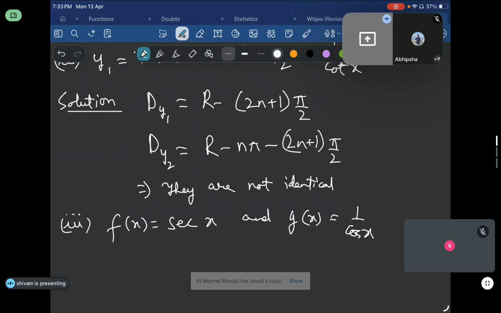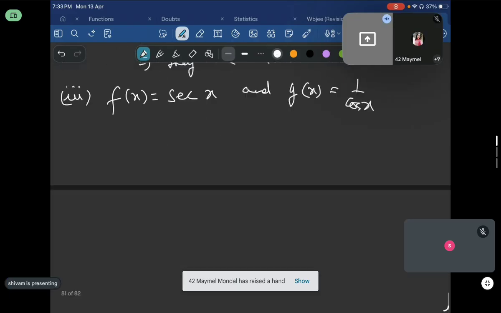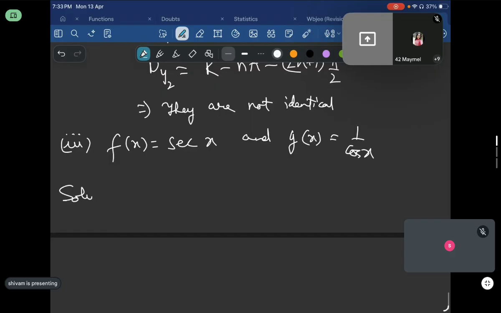Mehmet, tell me. Yes, they are identical. Correct. Domain is the same, range is the same, everything is the same.